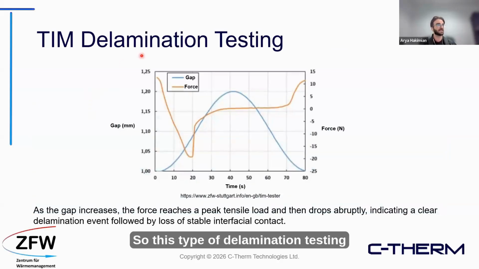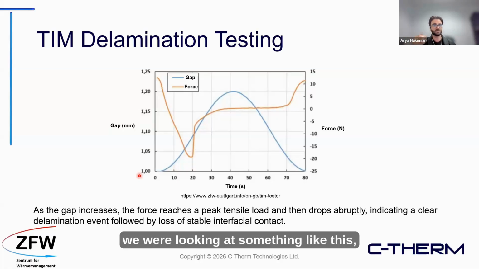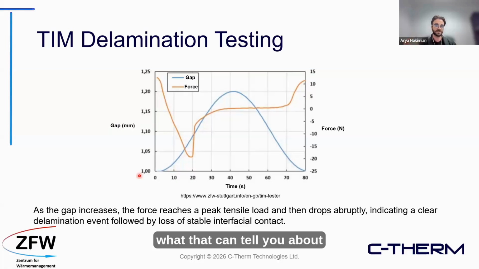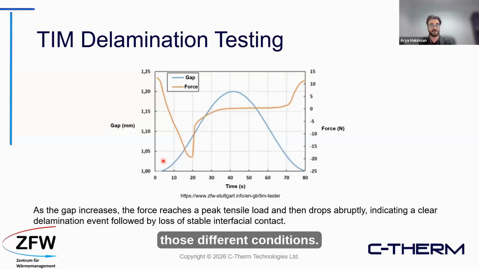So this type of delamination testing is something you would look at, something similar like this. As the gap increases, the force will reach a peak load, and then you'll see this big drop off. So if we were looking at something like this and you see a clear delamination event, what that can tell you about is how that material will end up performing under those different conditions.